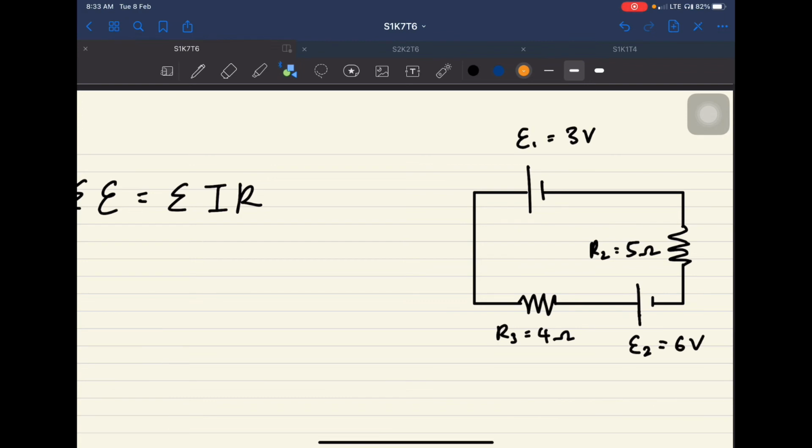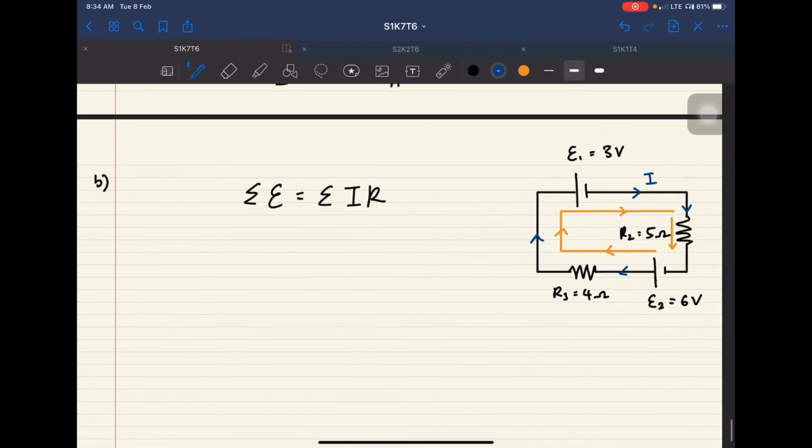Follow the positive terminal, and this would be your loop direction. Then for your current direction, again you try to follow the loop direction if possible, so you're left with something like this. Again, you only have one current, so it will be I.